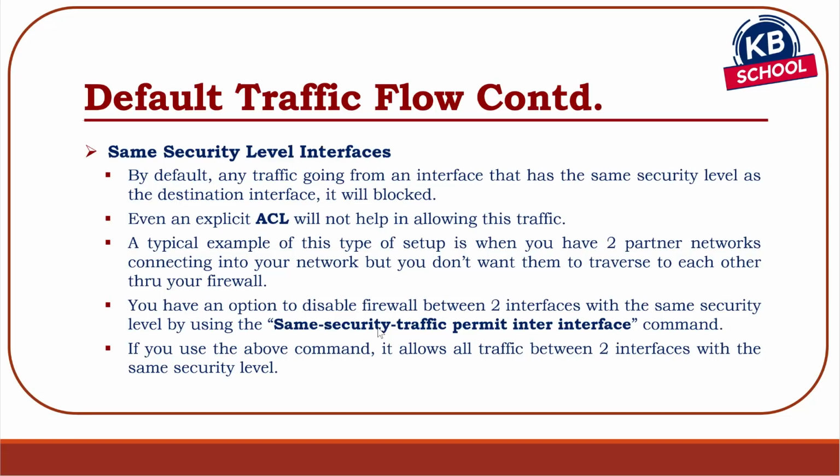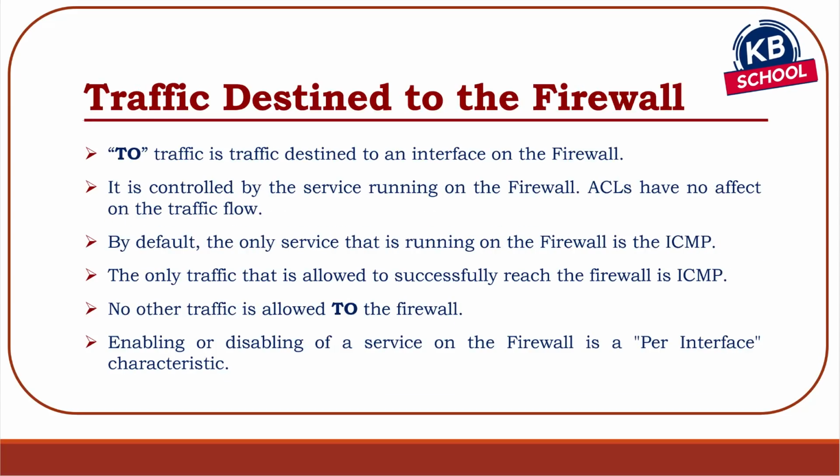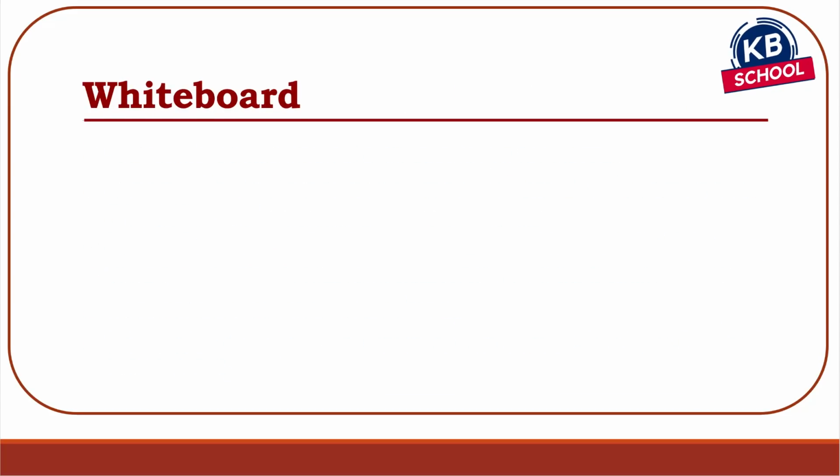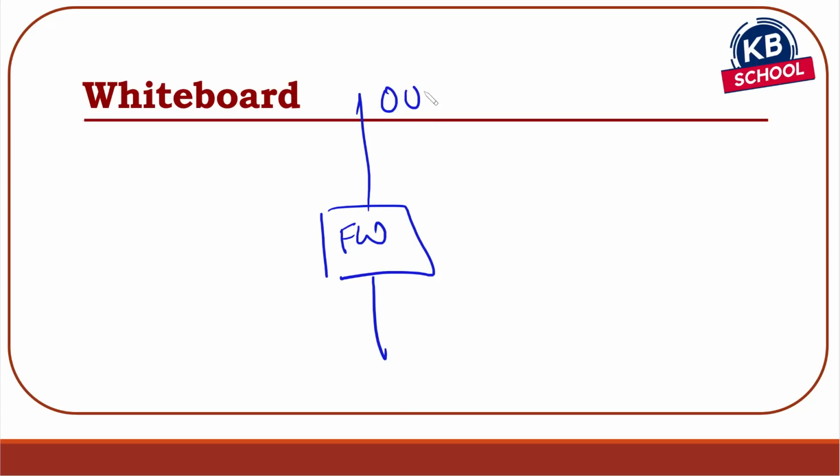The last thing in this particular video that I want to discuss is to traffic and through traffic. Now the ACL and the high to low, low to high that I'm talking about is traffic that is traversing through the firewall. So I have an interface over here, another interface over here. This is my outside network.